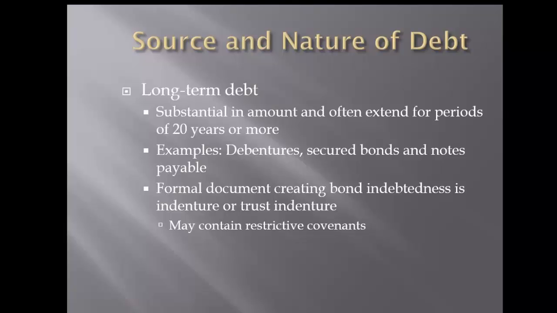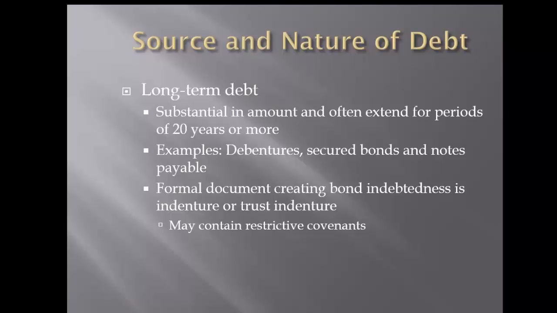Formal documents creating bond indebtedness are indentures or trust indentures. They may contain restrictive covenants. In any event, what we need to understand is the long-term debt and review the documentation related to this.